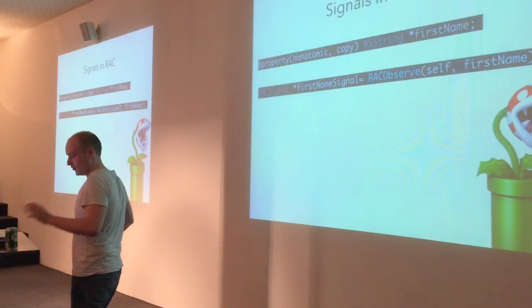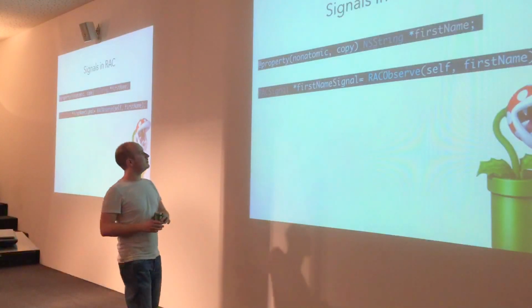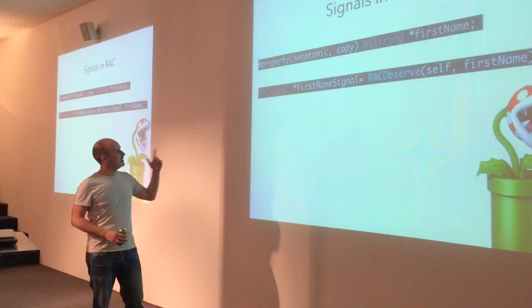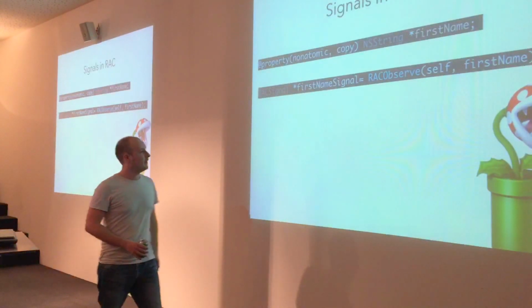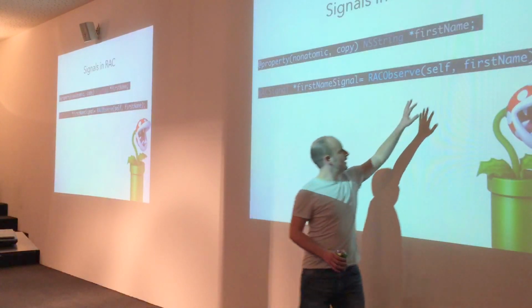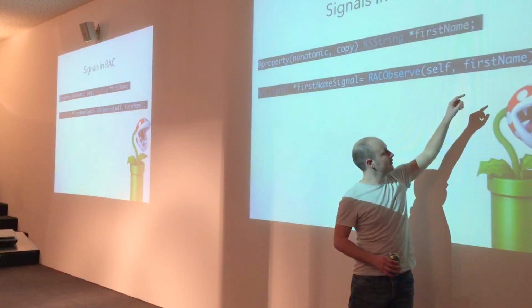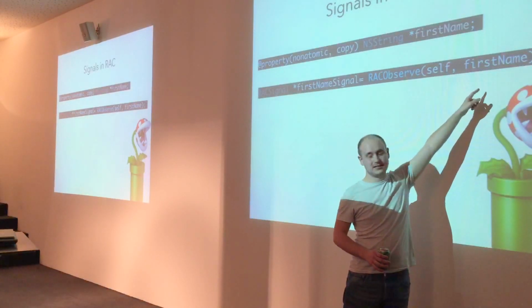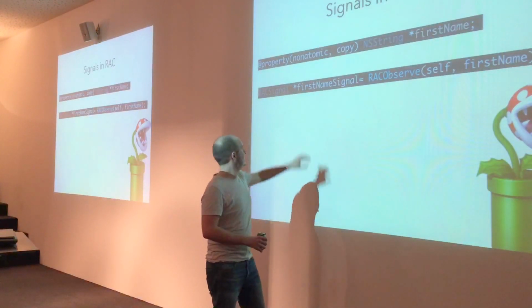So this is how you create a signal in ReactiveCocoa. Imagine we have a string property called first name. Then with this RACObserve macro here, we can say that on self, which is where first name exists, we want to create a signal of changes to the first name property.